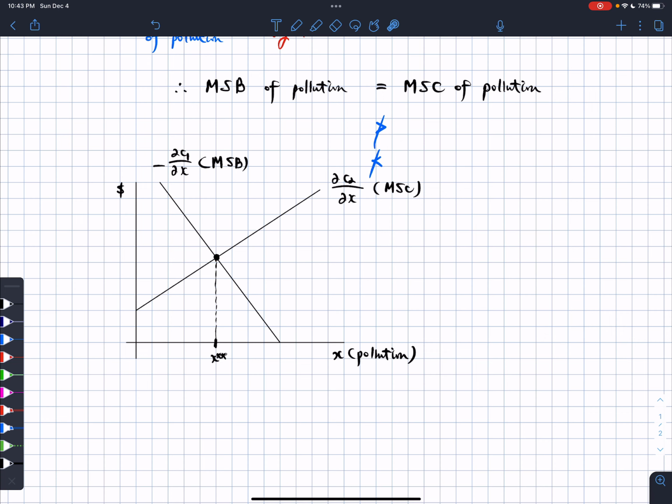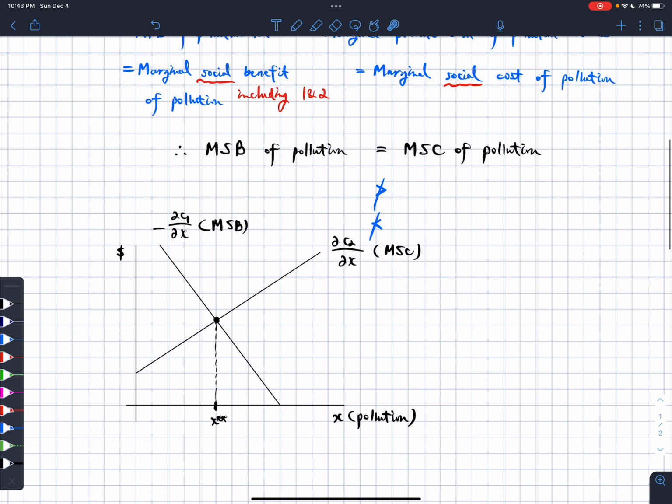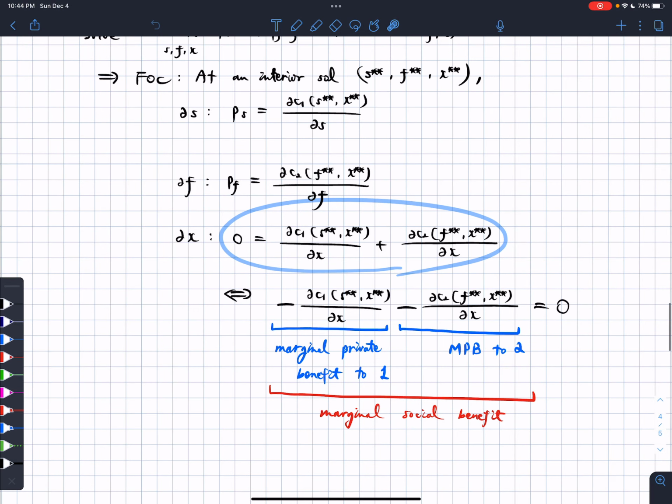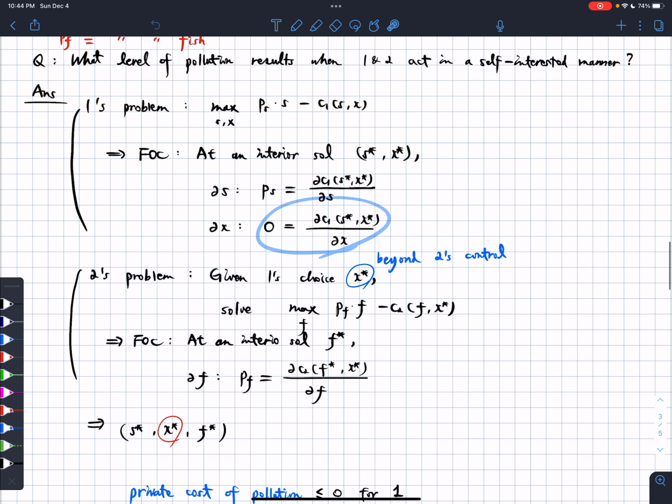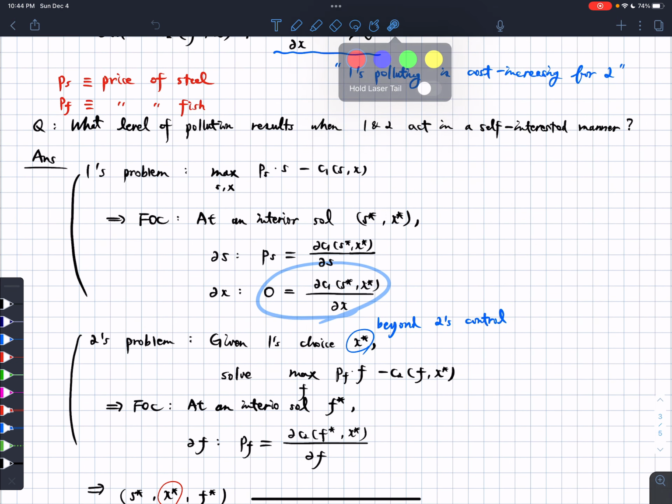But what if the two firms operate independently? For that, let's go to the notes from the previous class. Here we saw, what is the level of pollution when the two firms act in a self-interested manner? At a solution, firm 1 would choose X star so that this is equal to zero.